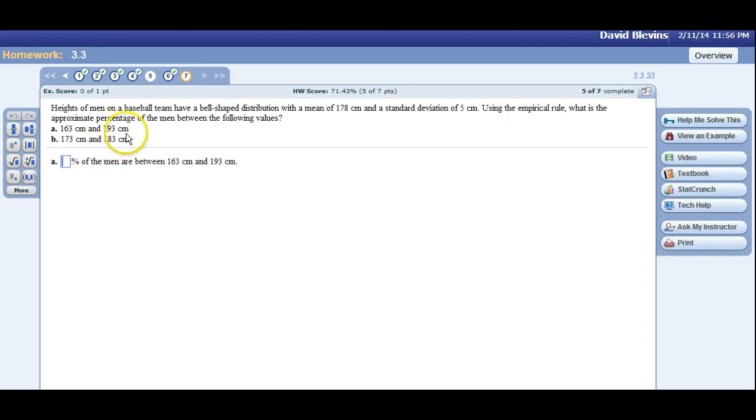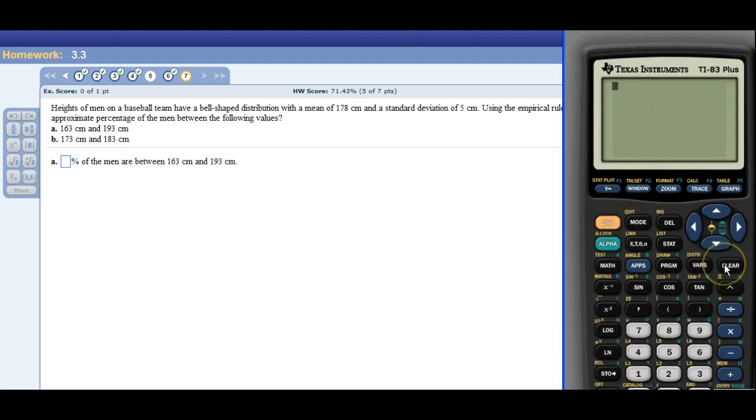And then this one is an empirical rule. The empirical rule is sometimes called the 68, 95, 99.7 rule. So 63 and 193, if you take this 178 and you add 5 multiple times, so I take 178 plus 5, that's 1 standard deviation above the mean. Plus 5 more, that's 2 standard deviations above the mean, and then plus 5 more, that's 3 standard deviations above the mean.